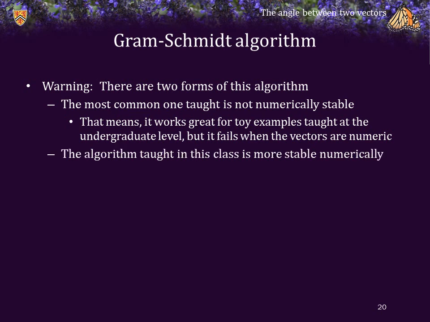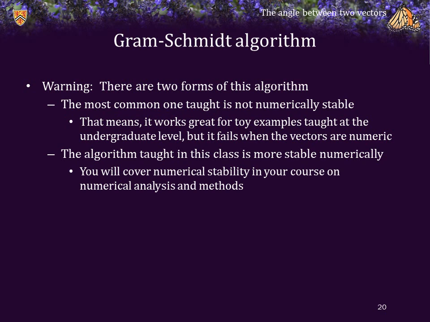The algorithm that was taught in this class, which you have just seen, is more numerically stable. That means it will give a better answer, and you will cover the concept of numerical stability in your second-year course on numerical analysis and methods.